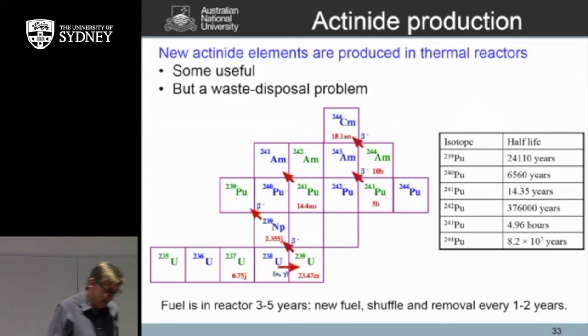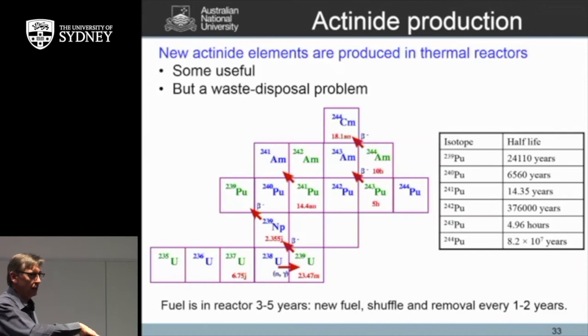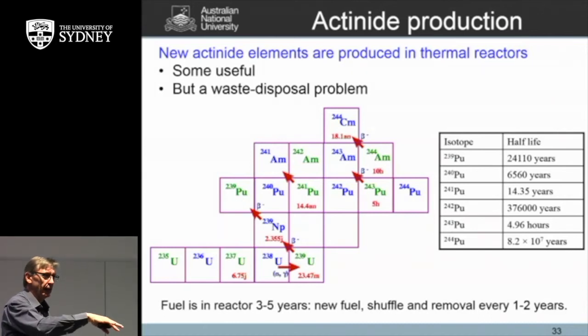Now, I want to talk about actinide production. We've now got our reactor running. It has fuel in it. I think I mentioned in the question time yesterday that the average time that a fuel assembly spends in a power reactor is of the order of 3 to 5 years. So it'll go in fresh, it'll be shuffled, and then it'll come out.